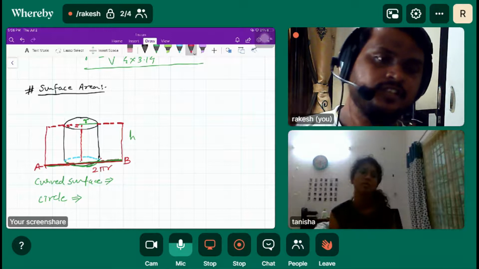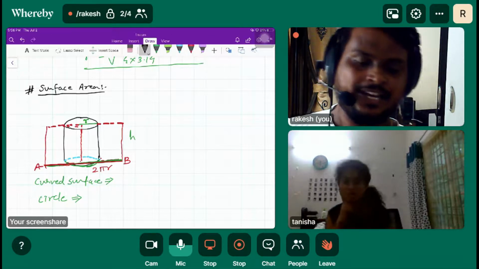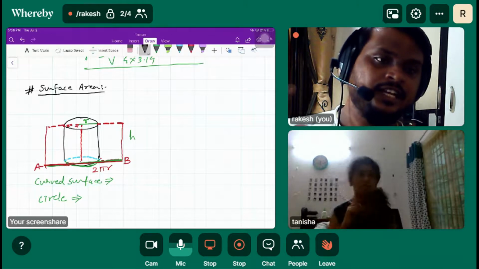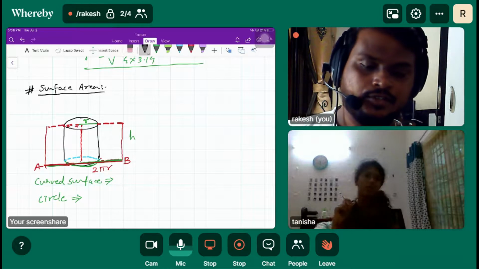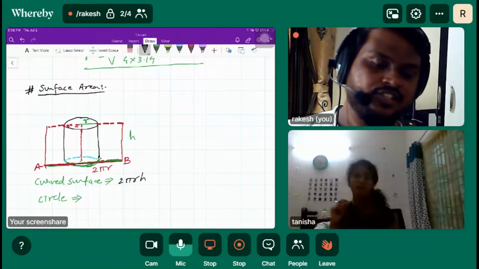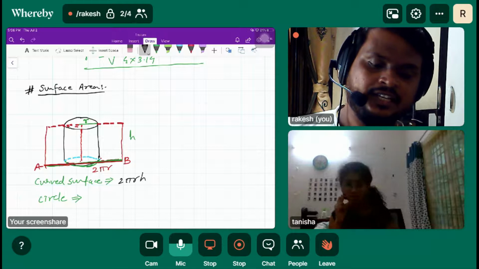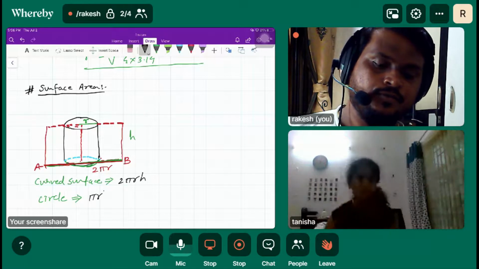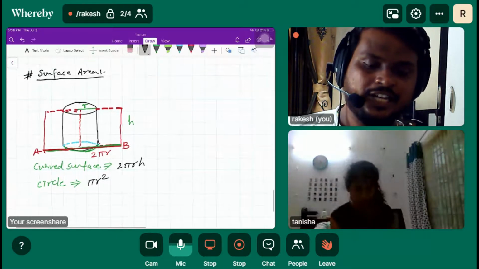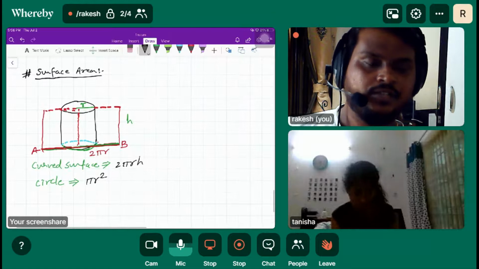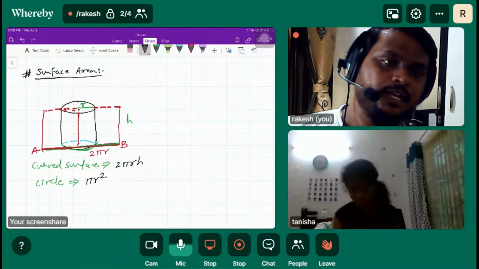So the curved surface area is the same as the area of rectangle. So that is 2 pi r h, isn't it? And the area of circle we know, that is pi r square. There are two circles, so obviously we'll simply add one more pi r square.